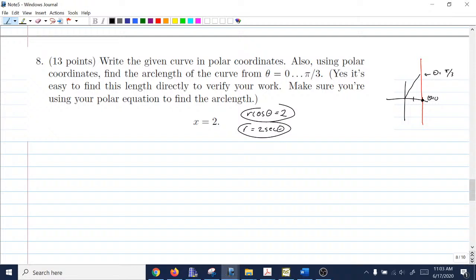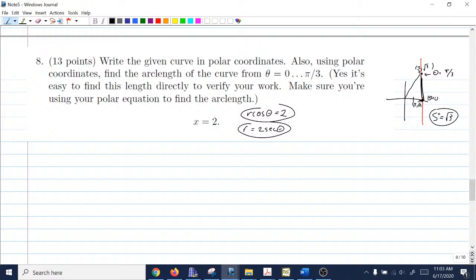This is going to be root 3 over 2, but it's doubled, so this is going to be y equals 0 to y equals root 3. I think this is 2 comma root 3. This arc length is going to be root 3.